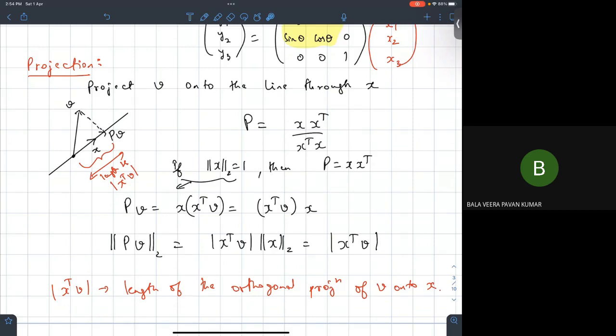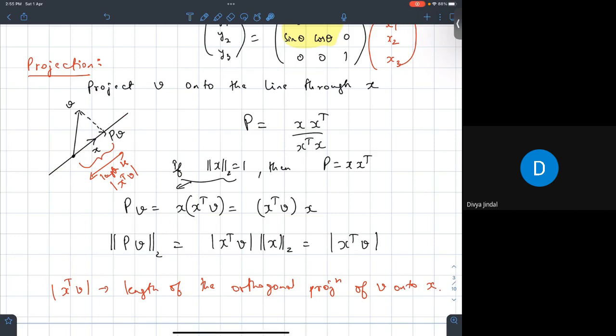What if the norm of x was not 1? Then what is the length of PV? No, the point we are trying to make is I want to understand what X transpose V means. So I'm just saying that I can understand X transpose V as the length of the orthogonal projection of vector V onto the line through X if X is a unit length vector.